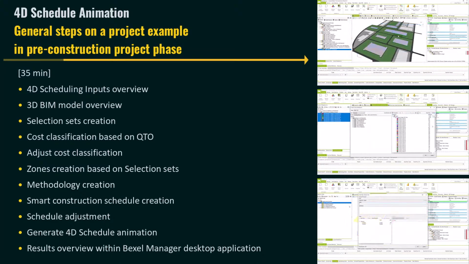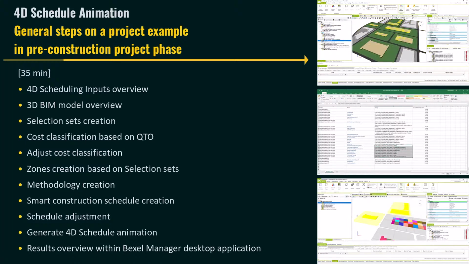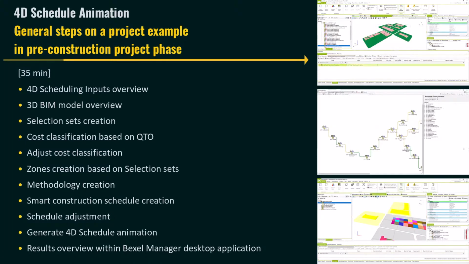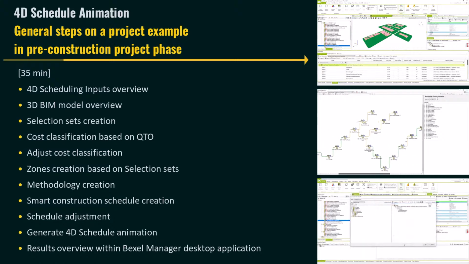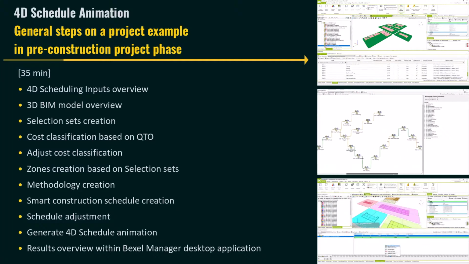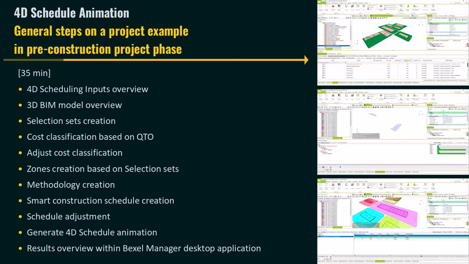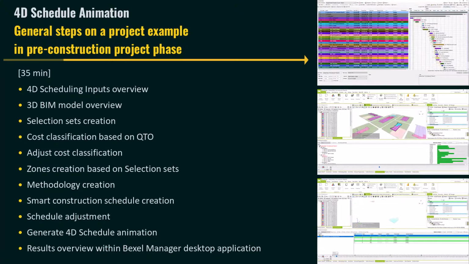They include the following: 4D scheduling inputs overview, including main sequencing and project milestones, 3D BIM model overview, selection sets creation, cost classification creation based on quantity takeoff, cost classification adjustment, creating zones based on selection sets and methodology creation, smart construction schedule creation and schedule adjustment, generating 4D schedule animation and its overview within the Bexel Manager desktop application.